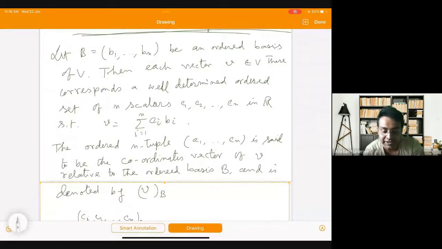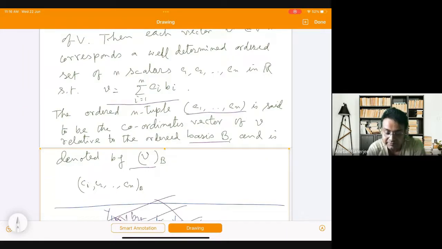So if you have the basis b1 to bn, and you can represent a vector v as a linear combination like this, then the coordinates of this vector v will be represented by this n-tuple c1 to cn with respect to the basis B, and we sometimes denote it like this.